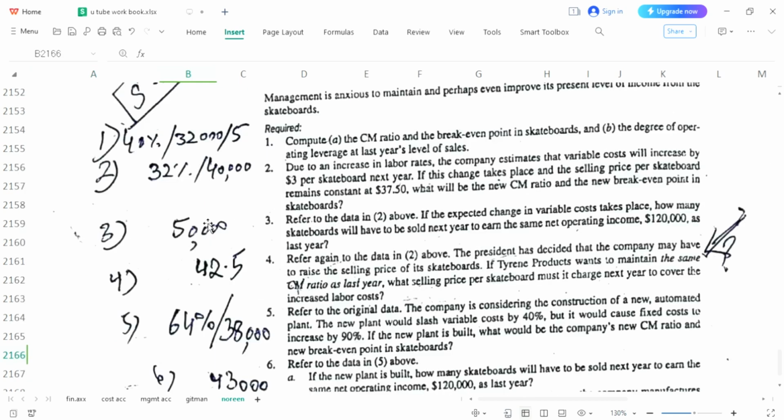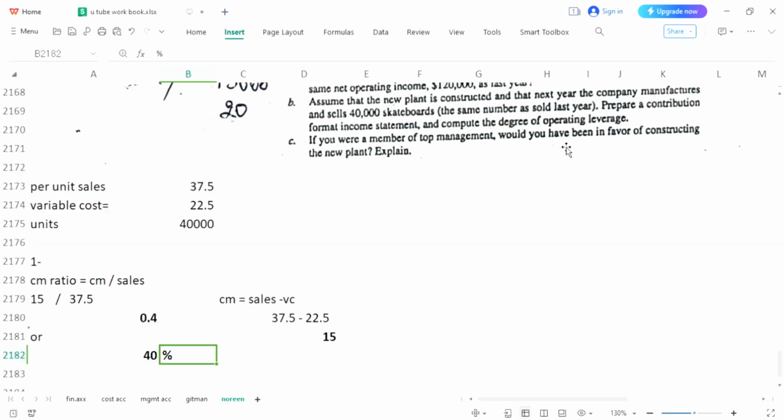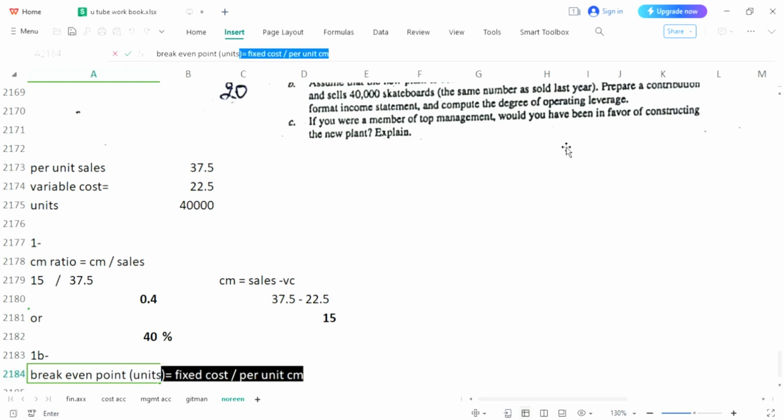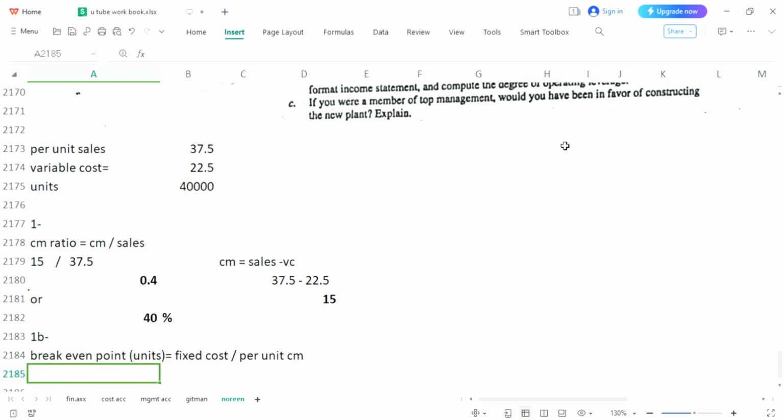Go back to requirement number 1, and we need to calculate break even in skateboards, that means break even in terms of units. This is 1B, the break even point. In terms of units, fixed cost is divided by CM per unit. CM per unit is 15.